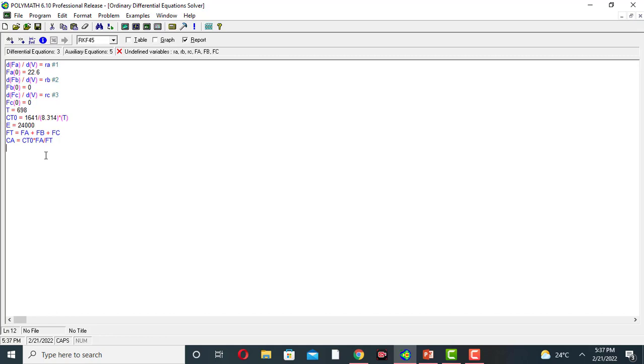Then put another equation, which is the rate constant K, using the Arrhenius rate law.